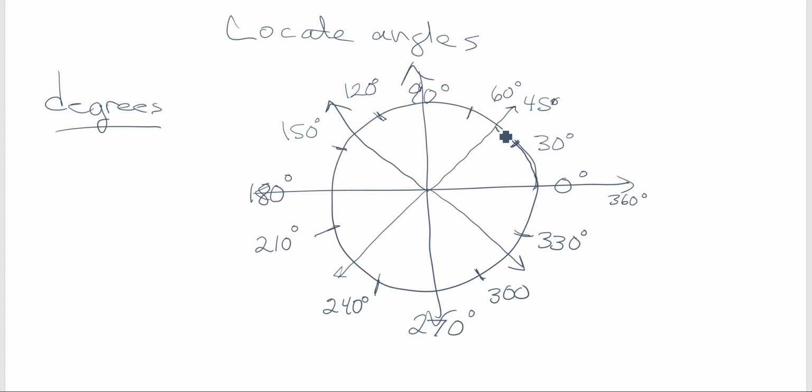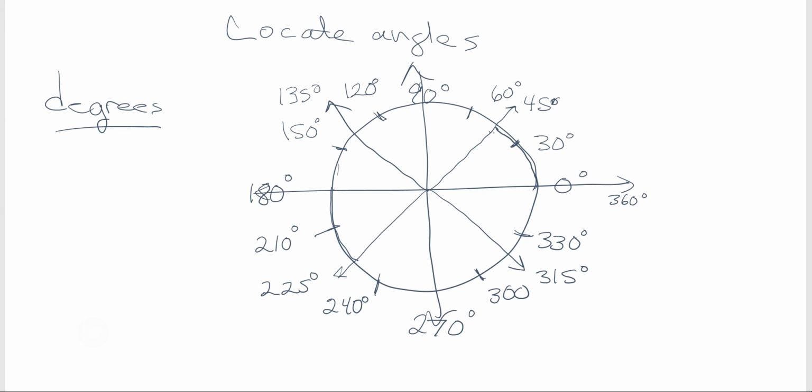And so every time I move over half a quadrant, it would be 45 degrees. 45 plus 45 is 90, plus 45 is 135, plus 45 is 180, plus 45 is 225, plus 45 is 270, plus 45 is 315 degrees. Plus 45 takes me to that 360.